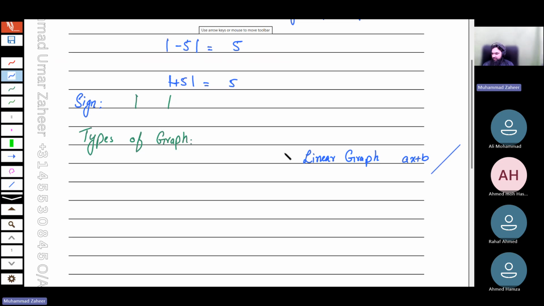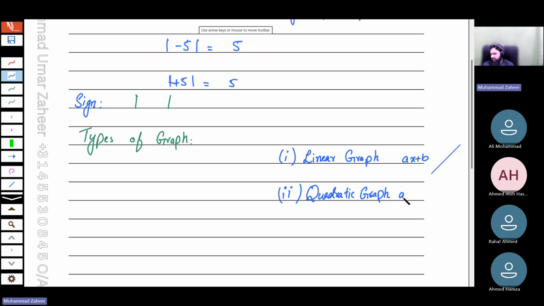The second one is the quadratic graph, which we have done in the previous lecture and discussed in great detail.